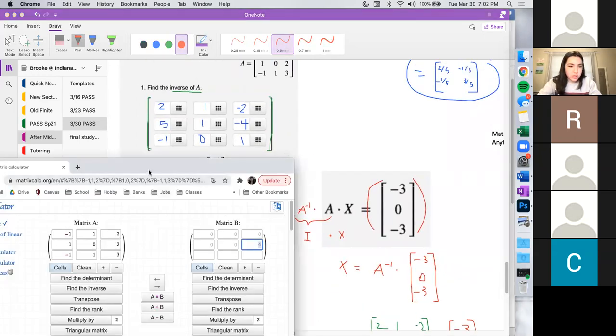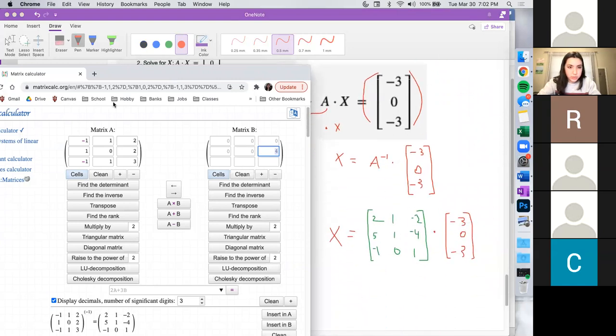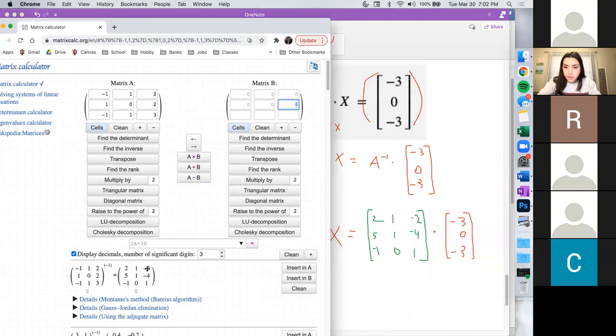Okay, so we're good. I'll double check my inverse just to make sure. So this is A. I asked for the inverse to get 2, 1, -2, 5, 1, -4, -1, 0, 1. Yep, that looks good. This is nice because I can insert it into one of these. I'm going to insert into A. And you can see up here, it'll change. So now I have my inverse in there.